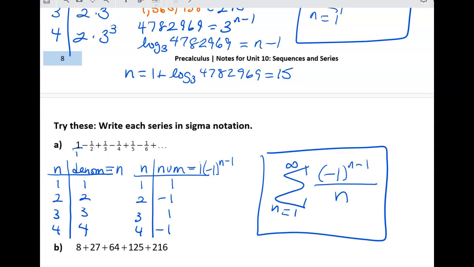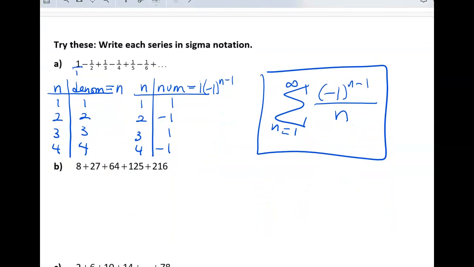All right, this one was just a bit challenging. You really have to think of this one split up in terms of just looking at its numerator and denominator. So the numerators are 1, -1, 1, and -1. That's really a multiplying sequence. We're just multiplying by -1 each time to get the next term.